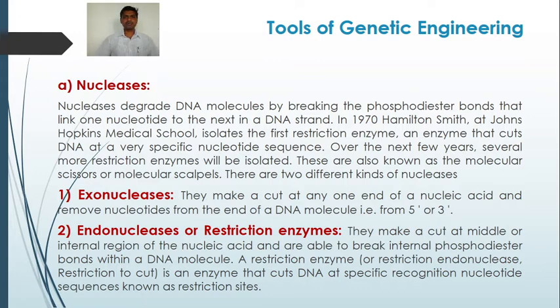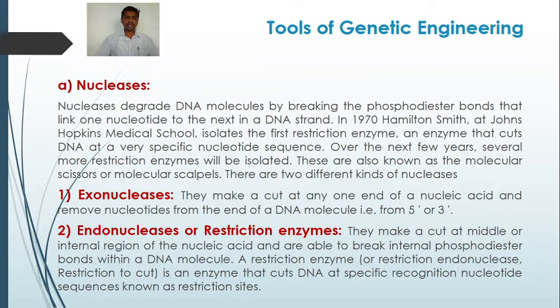Restriction enzymes are nucleases that cut DNA at specific nucleotide sequences. Over the next few years, several more restriction enzymes were isolated. These are also known as molecular scissors or molecular scalpels because they cut the DNA at very specific nucleotide sequences. There are two different kinds of nucleases.